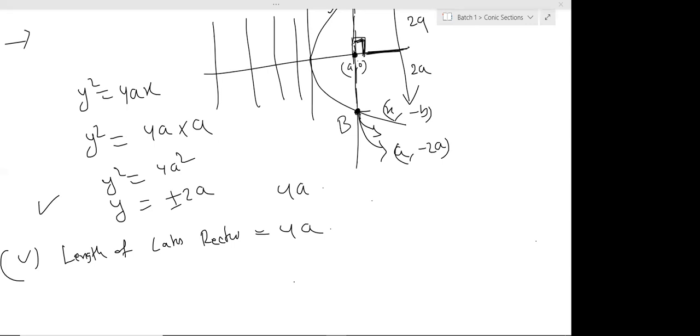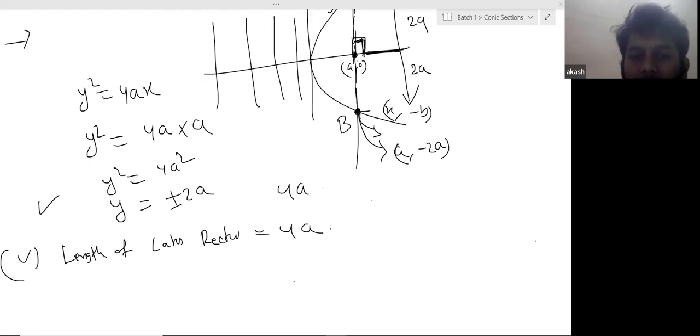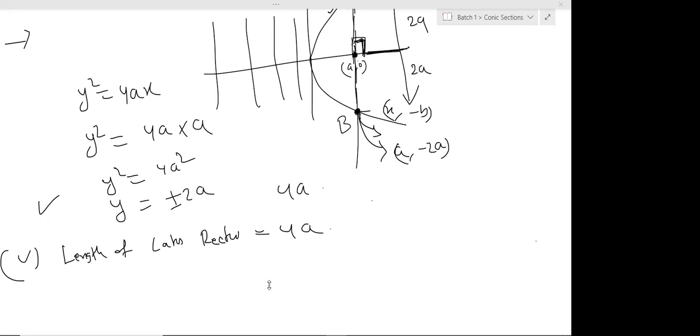Sir, a comma 0. And the definition? It is the fixed point on the parabola.